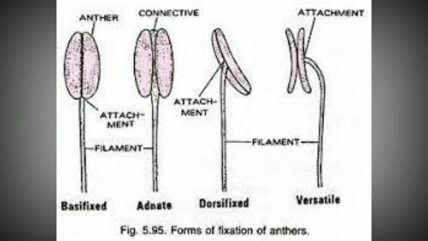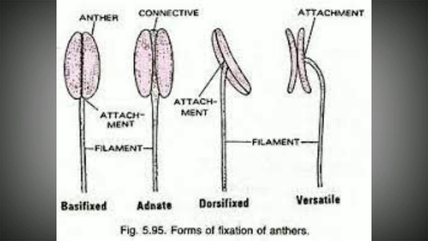Adnate is when the whole filament separates the two lobes of the anther, and the two anther lobes get completely separated by the filament. And the last one, versatile, is when the connective or the fusion point of the anther and the filament is just at the middle of the anther.